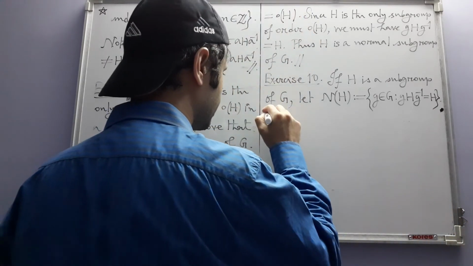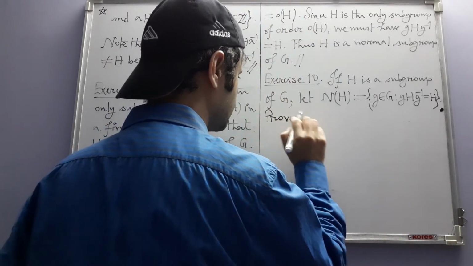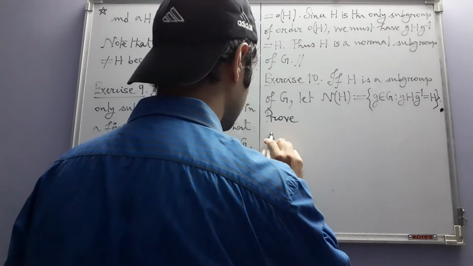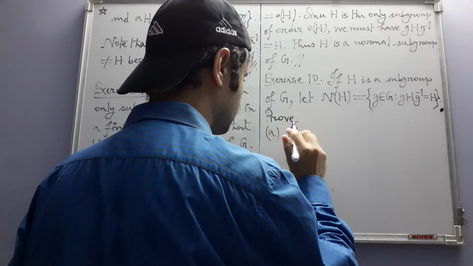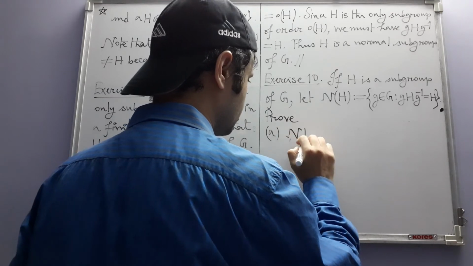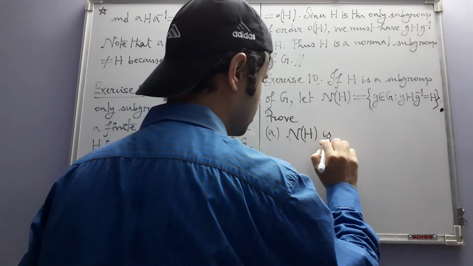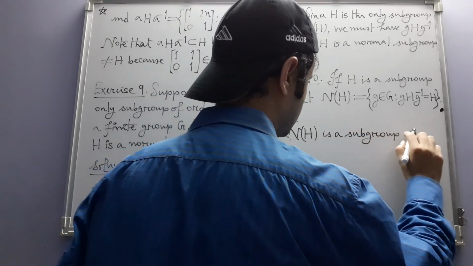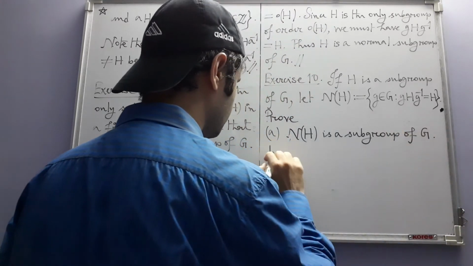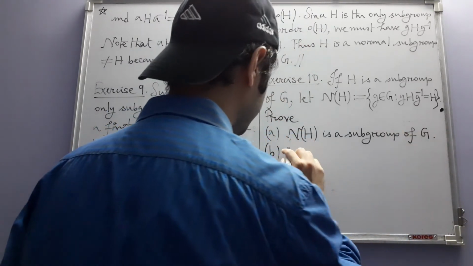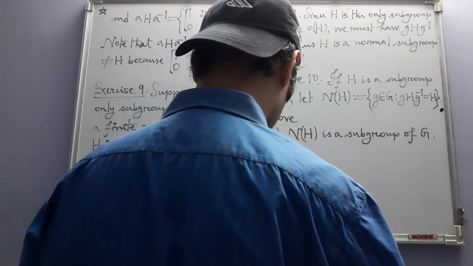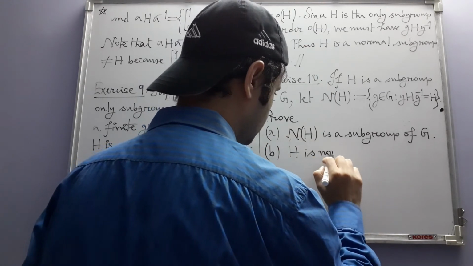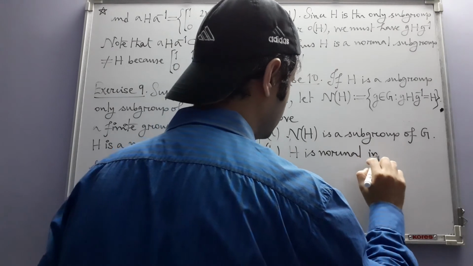Now we have to prove, I think, 4 parts. Part A is this. N(H) is a subgroup of G. This we have to prove first. Then B, H is normal in N(H).